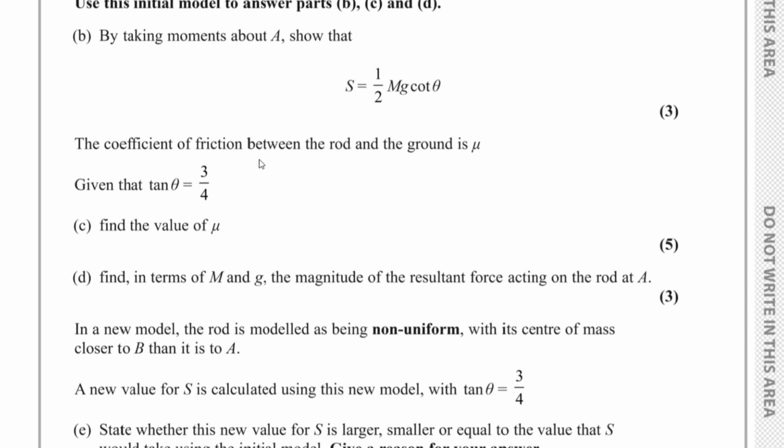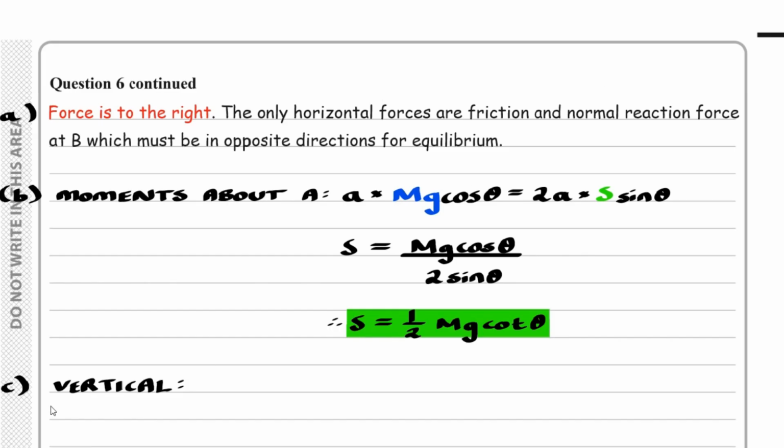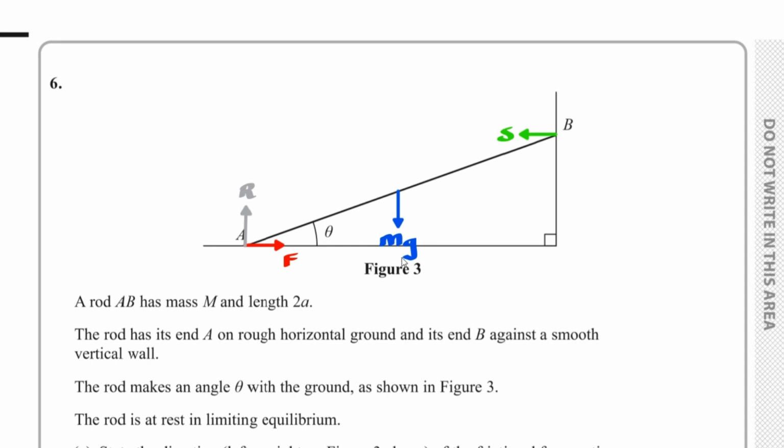The coefficient of friction between the rod and the ground is mu. Given that tan theta is 3/4, we have to find the value of mu. So we've got this coefficient of friction being mu. Now, for us to determine what F is, we need to first of all consider the vertical forces. So what's acting vertically here?